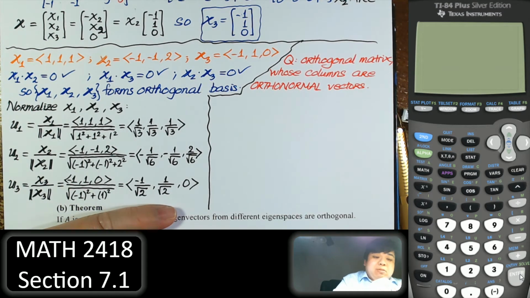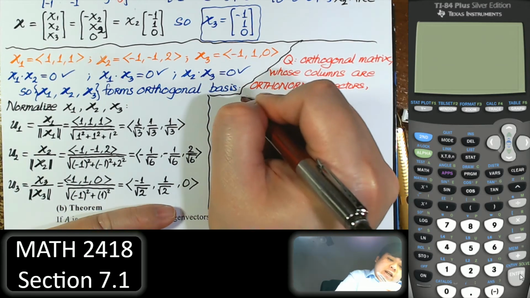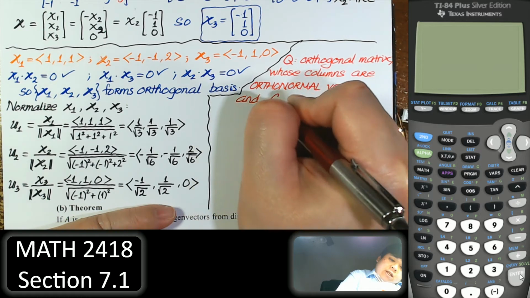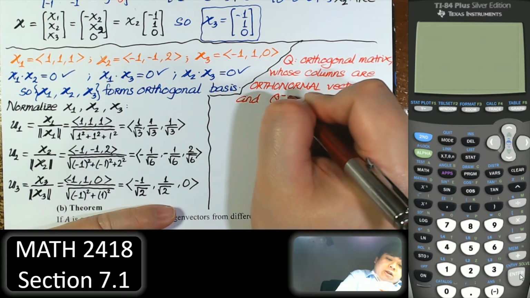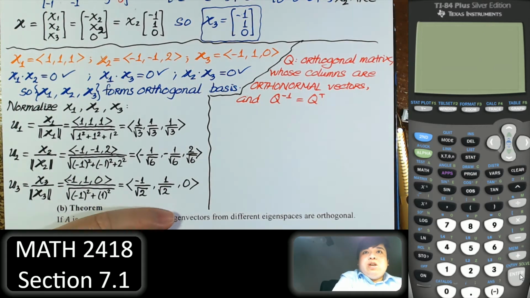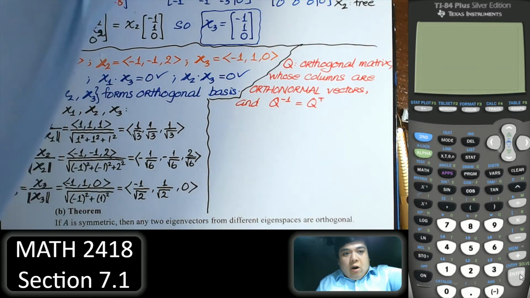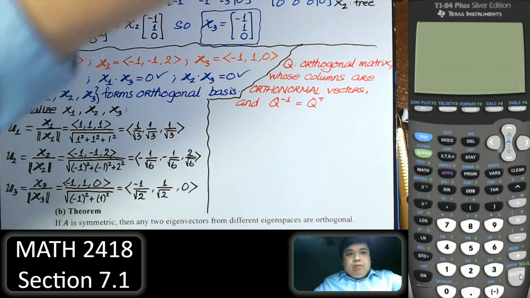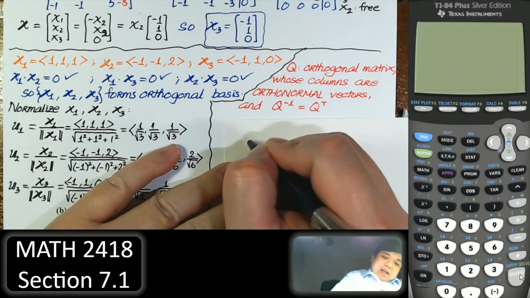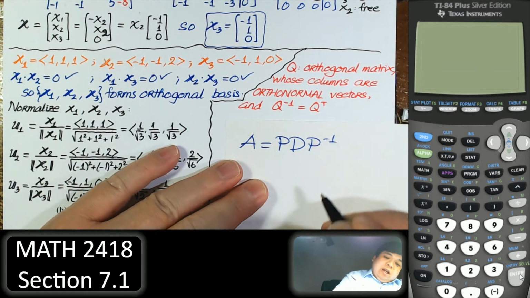And when that happens, Q inverse will be equal to Q transpose. So this is a very nice property. Remember the diagonalization in general, we can say A equals PDP inverse.